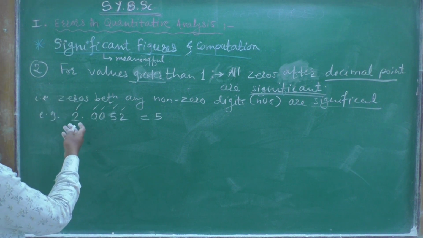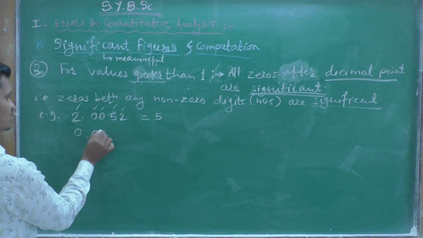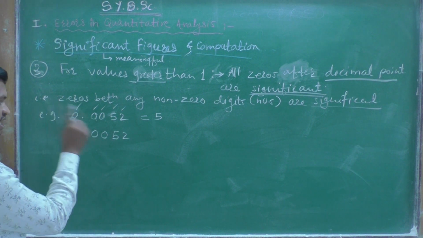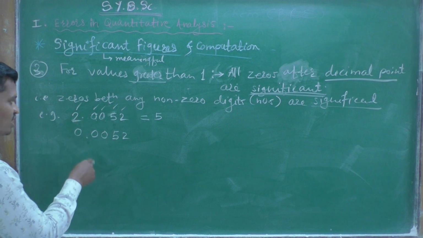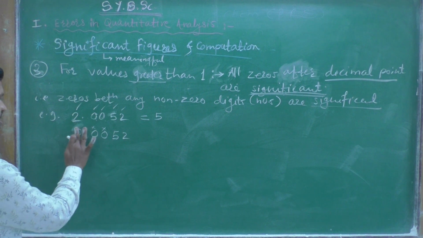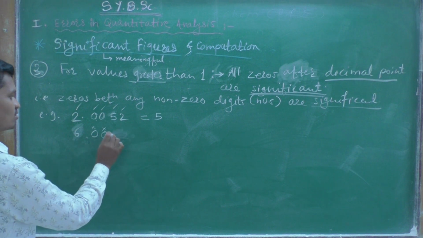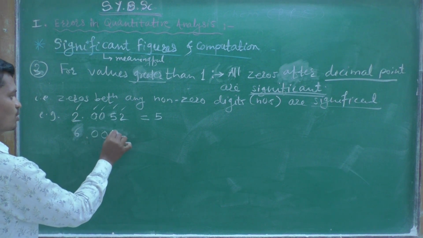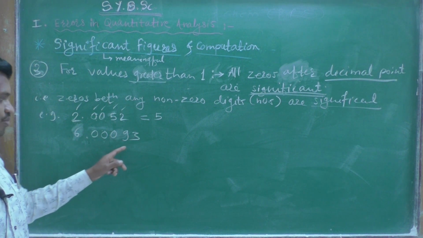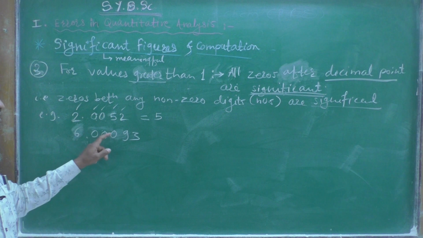As per the second rule, if this figure is like this, 0.0052, then this value is less than 1, so these three zeros are non-significant. But if this value is greater than 1, let us say 6.00093, then after the decimal point, how many zeros are there? 1, 2, 3.